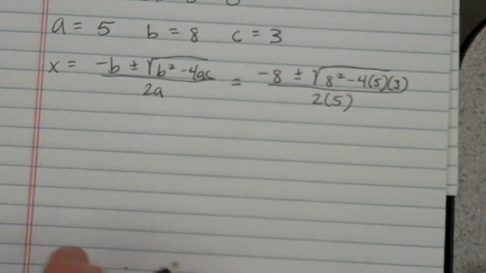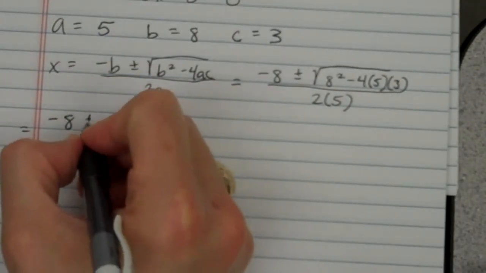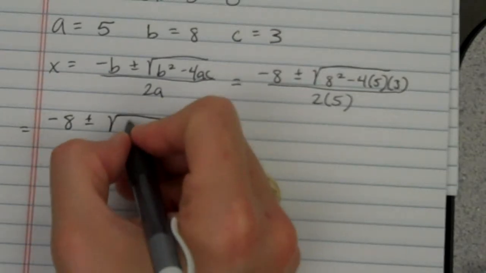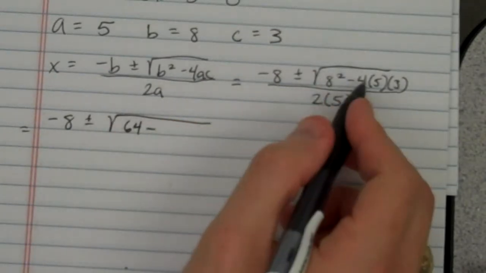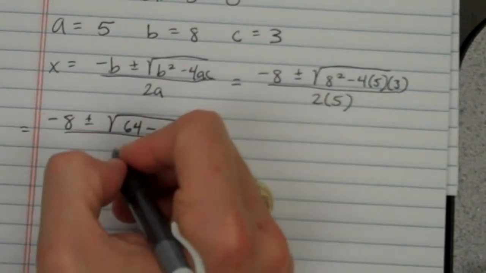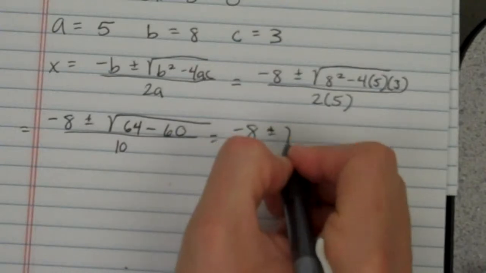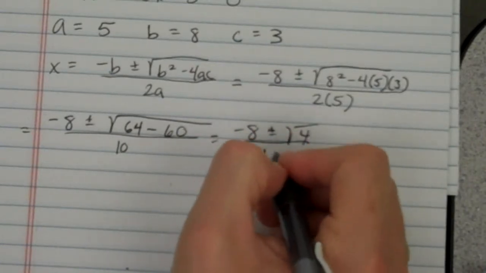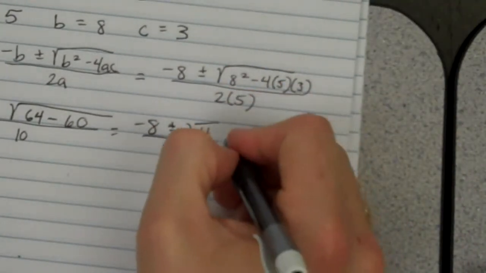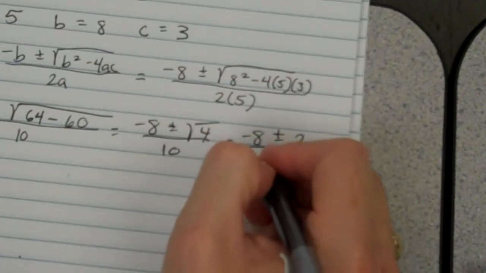Okay, so let's keep doing that. Negative 8 plus or minus the square root of 64 minus 20 times 3 is 60, divided by 10. Negative 8 plus or minus the square root of 4 over 10. Negative 8 plus or minus 2 over 10.